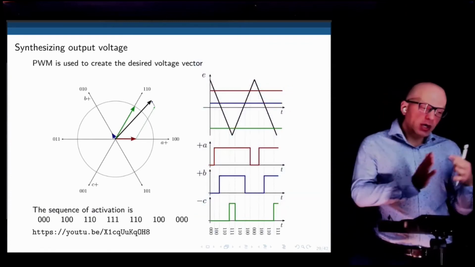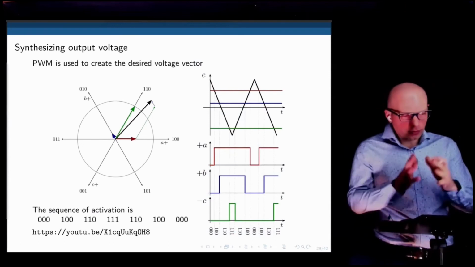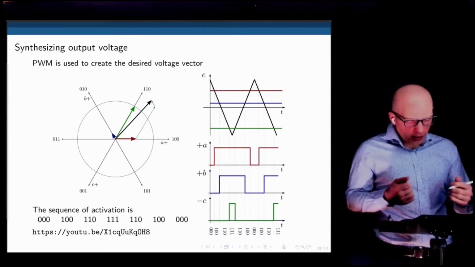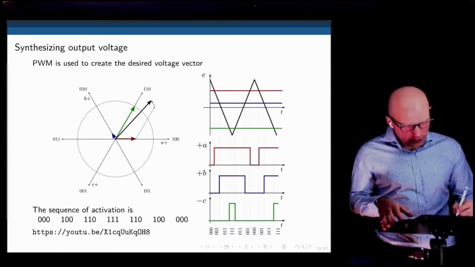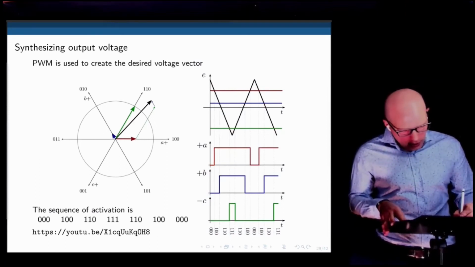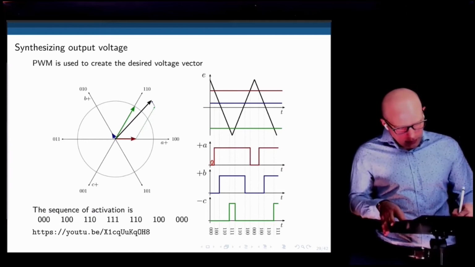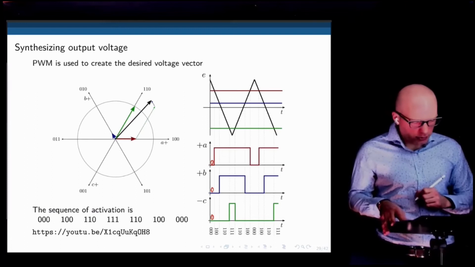Now we have 3 specific duty cycles for them, and we can now look at which modes we need to operate. So let's look at the first one. The first one, A is 0, B is 0, C is also 0.